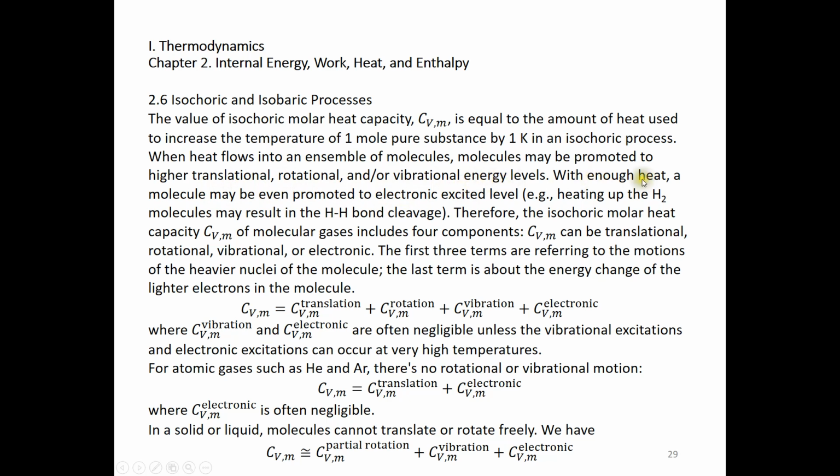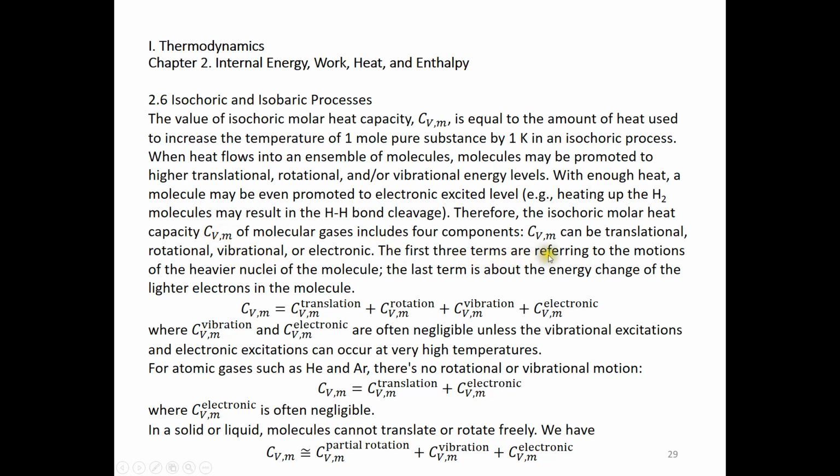With enough heat, a molecule may be even promoted to an electronic excited level. For example, if you heat up a molecule, you can even break a bond in the molecule, well, providing high enough temperature. Therefore, the isochoric molar heat capacity includes four components: the translational, rotational, vibrational, and electronic molar heat capacity.